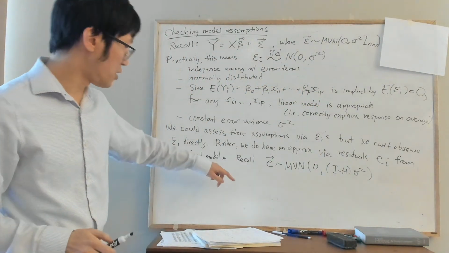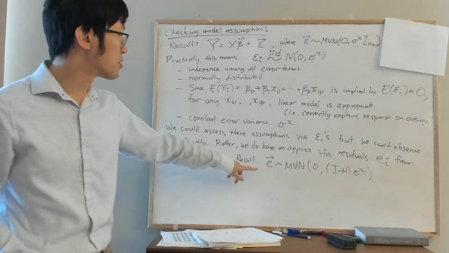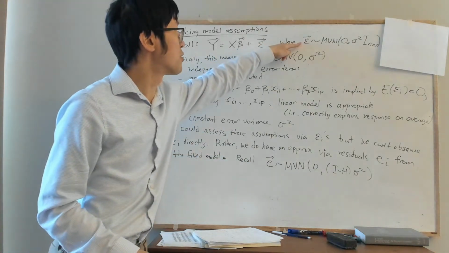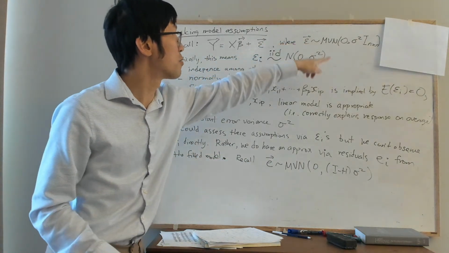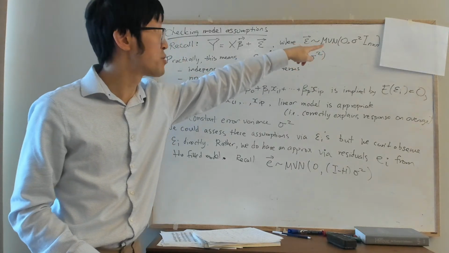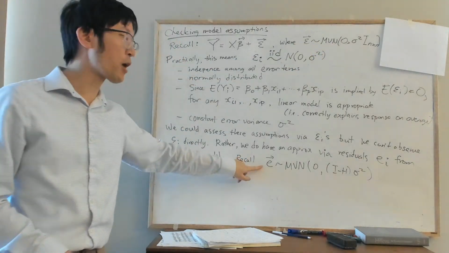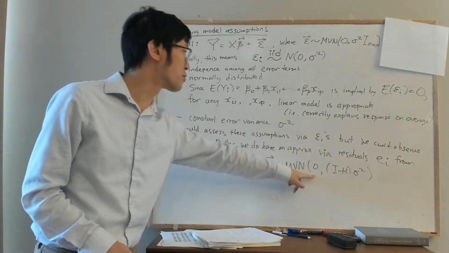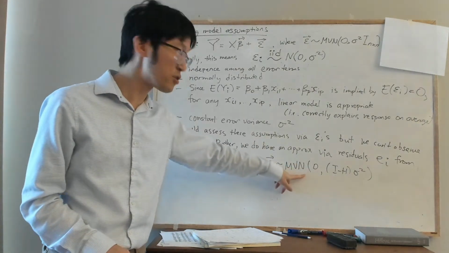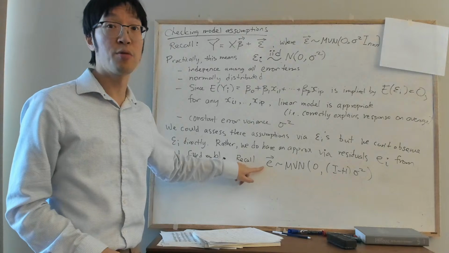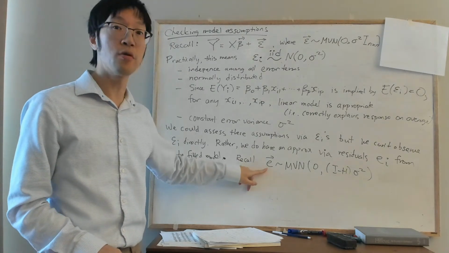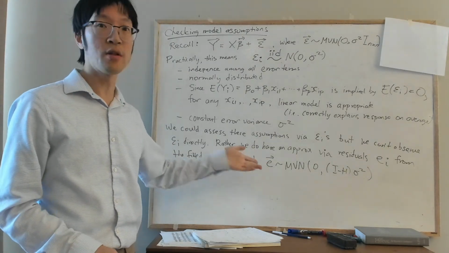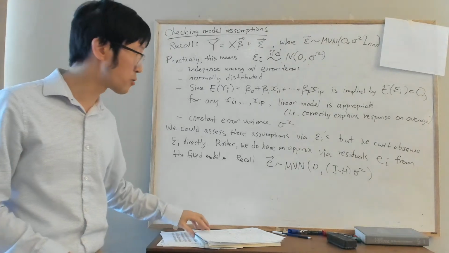You can see right away that there's a difference. The theoretical error terms are mean zero, with variance sigma squared times identity. But what we can observe is the residual vector, which is also mean zero. In fact, by construction of least squares, the sum of the residuals is zero.